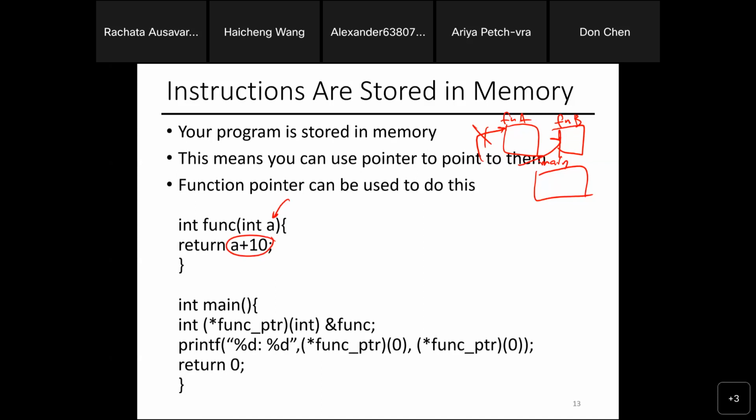The way a function pointer works is, first of all, a pointer has a type. A function pointer also needs to have a type. What's the type of this guy? Yes, it returns int. But you can't just say int star, because otherwise that's just a single number.